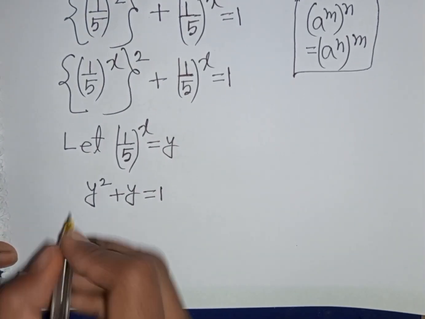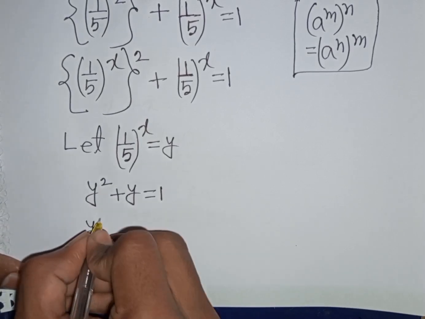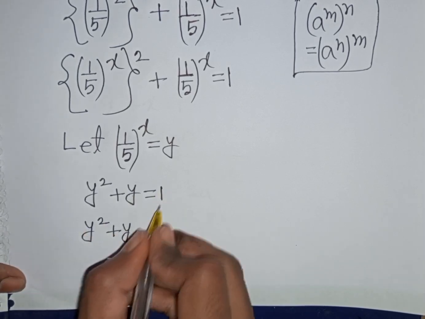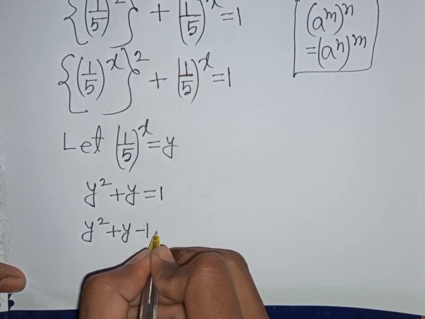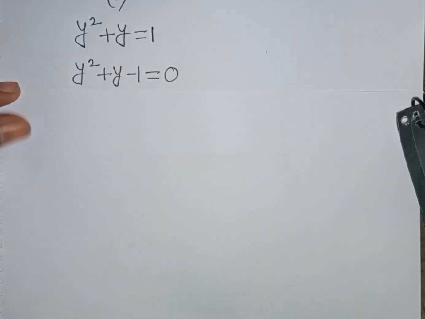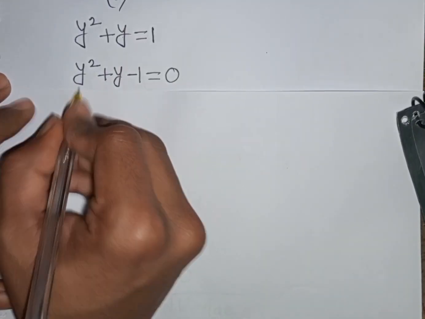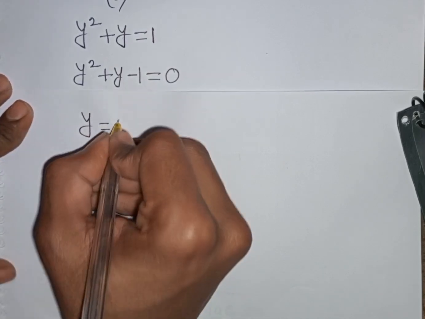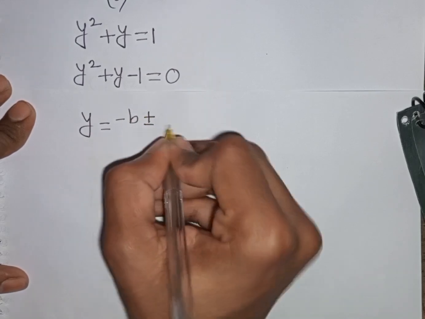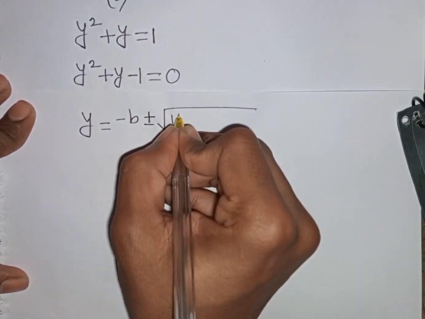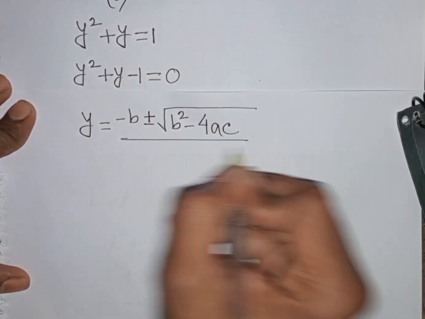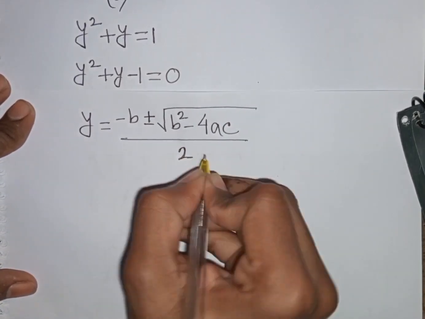Now I can write here y square plus y, then this plus 1 take to the left side, so this will be minus 1, then is equal to 0. Now here I can apply the quadratic formula, so I can write here y is equal to minus b plus or minus a square root of b square minus 4ac divided by 2a.